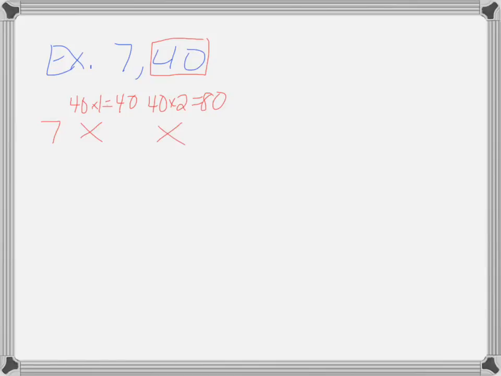No. Keep going. 40 times 3 is 120. Will 7 divide evenly into 120? Nope. Keep going. 40 times 4, 160. Divides evenly by 7? No.